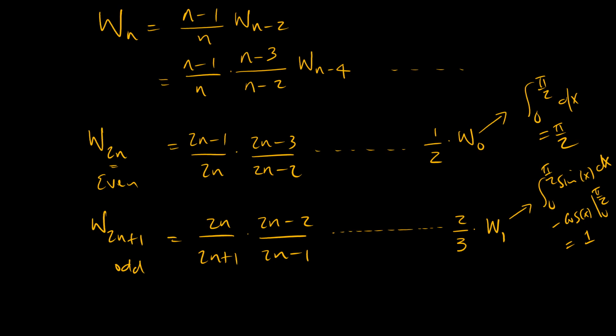Now let's try to express this in a more compact form. So we've shown that the Wallis integral W of 2n is the same as 2n minus 1 over 2n, times 2n minus 3 over 2n minus 2, all the way up to 1 over 2, W0, which is pi over 2.